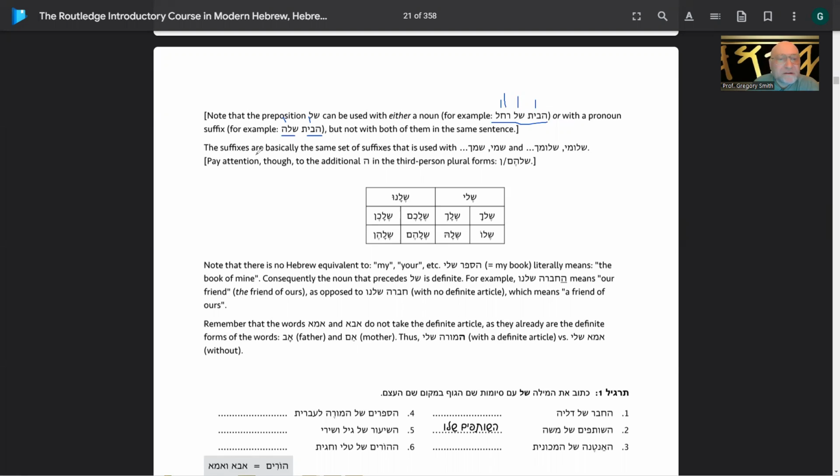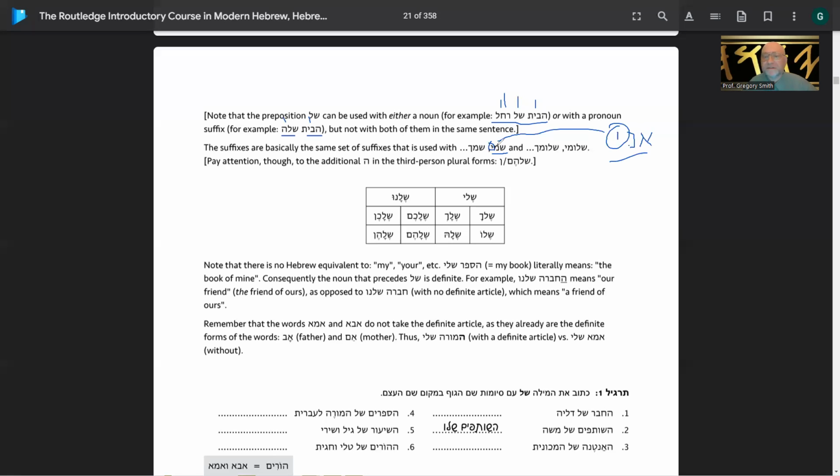Okay, the suffixes are basically the same set of suffixes that are used with shel. So sheli would be like belonging to me or I. That fits with ani. Remember, I said that. So a lot of these have connection. So ani, that's like I. Look at how this yod gets put here.